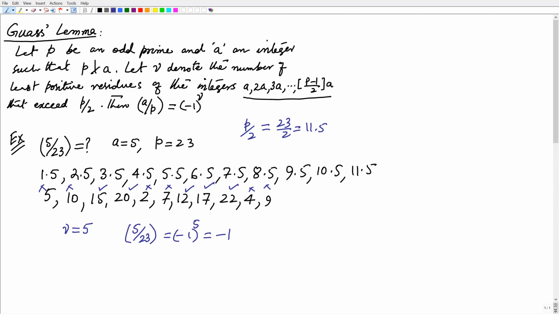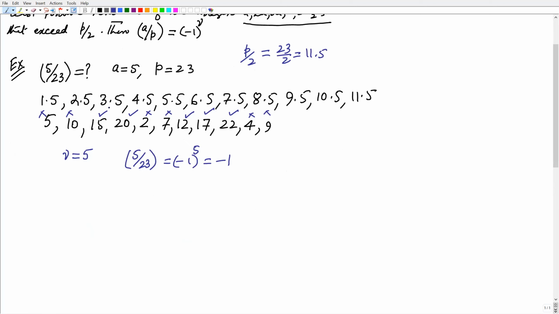There are some problems in computing the least positive residues which exceed p/2, because sometimes all of the integers are less than p/2. In that case we find the Legendre symbol in a different way.